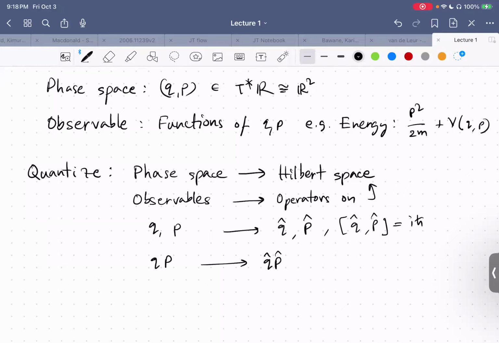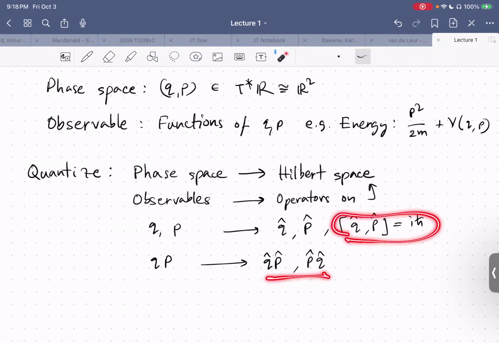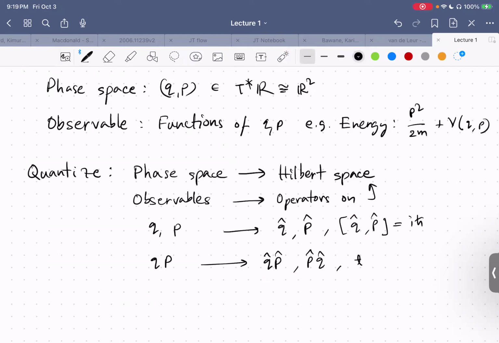So these two things are different operators, and there's no a priori reason to choose one over the other. And in fact, you could choose some kind of combination of these things. Take any real number t, and you can say that you quantize the product of Q and P to be t times Q hat P hat plus 1 minus t times P hat Q hat.